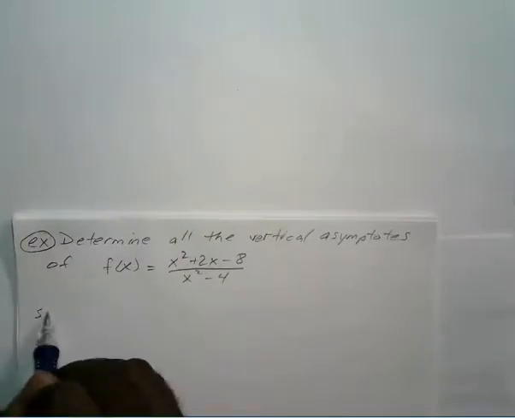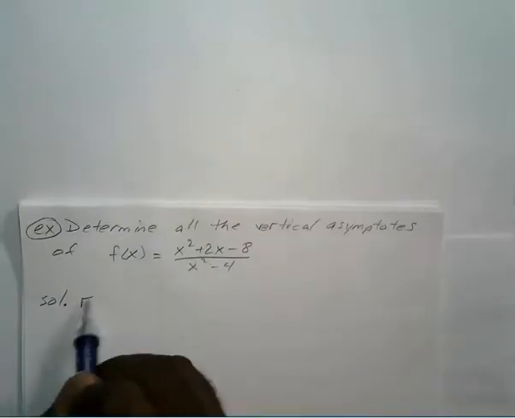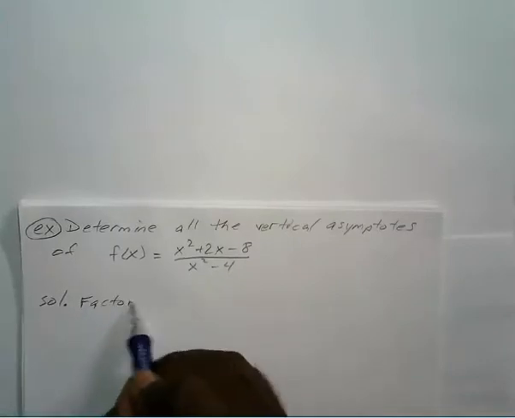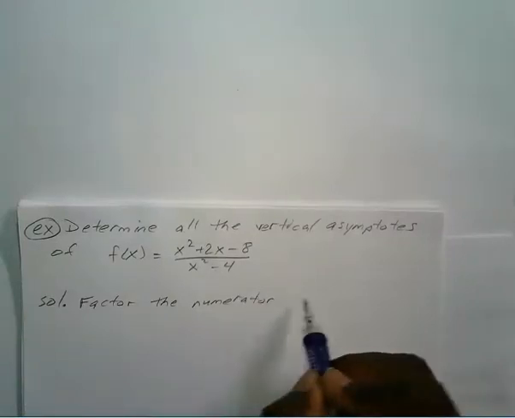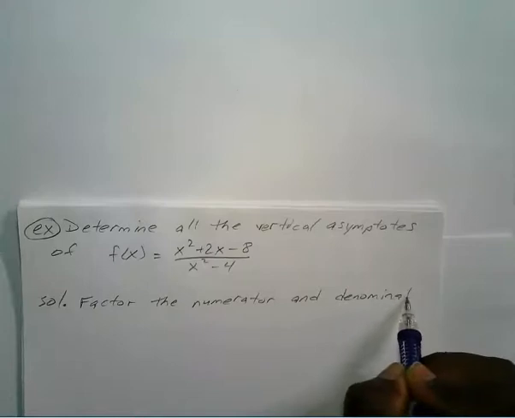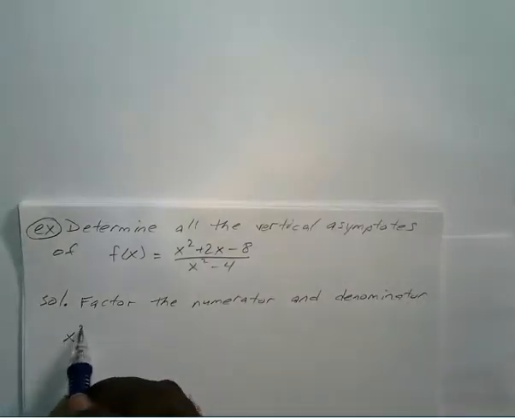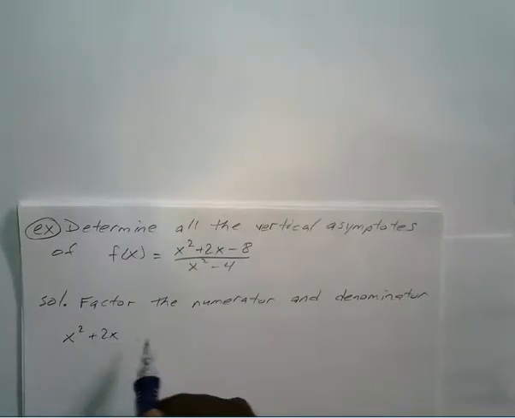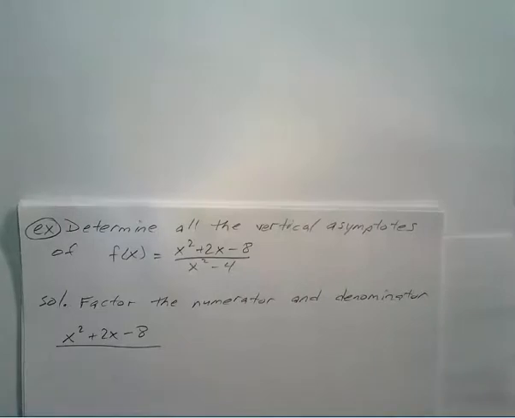All right, so the first thing you want to do for this one is factor the numerator and denominator. Okay, so you have x squared plus 2x minus 8 over x squared minus 4.